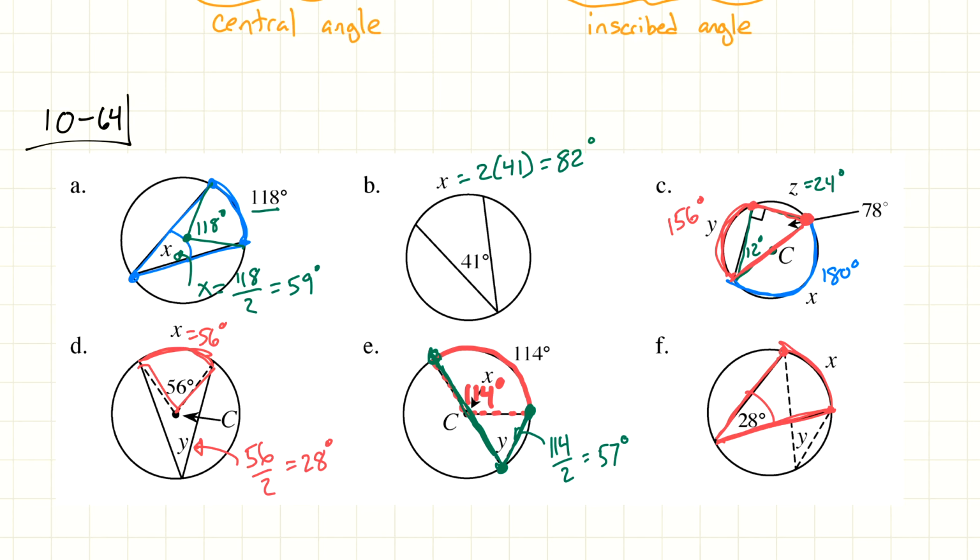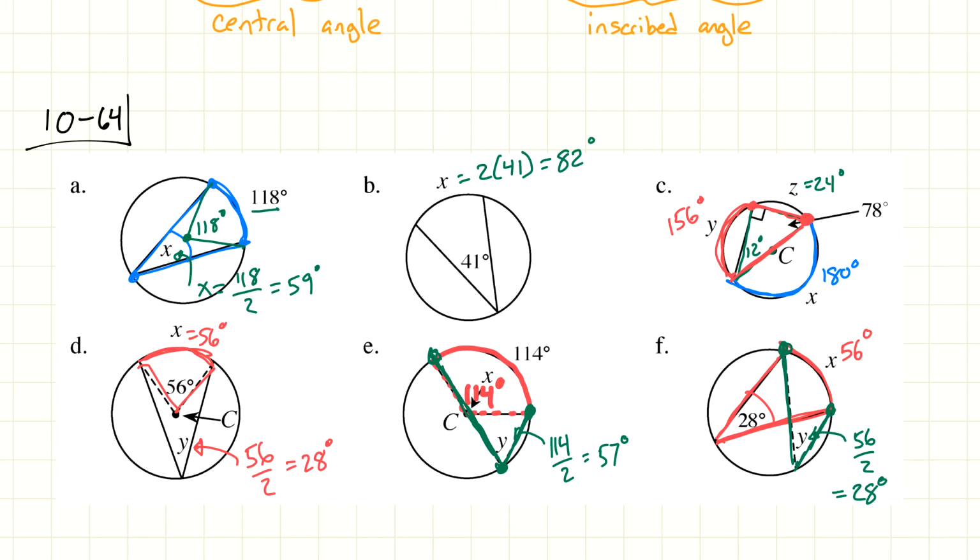So x is going to be double, 56 degrees. And if I look at y, I notice that they have the same intercepted arc. So this y value is going to be 56 divided by 2, which is equal to 28 degrees.